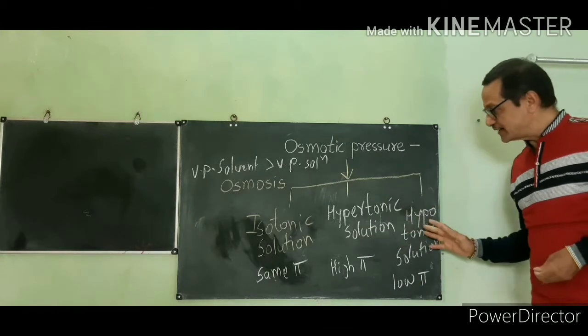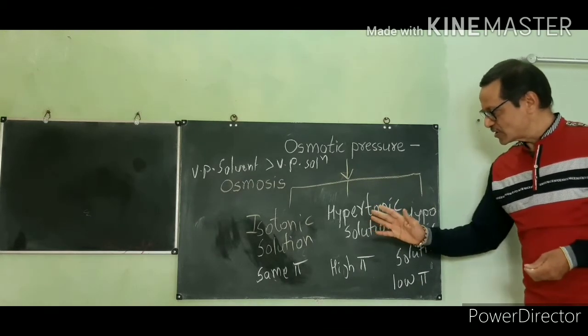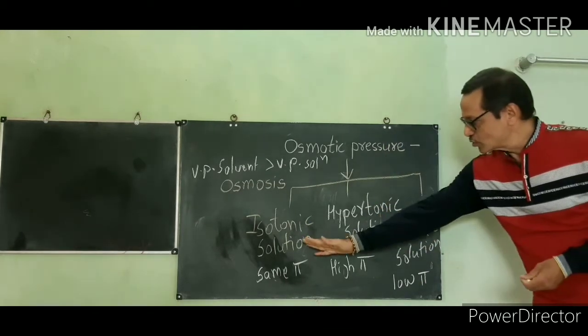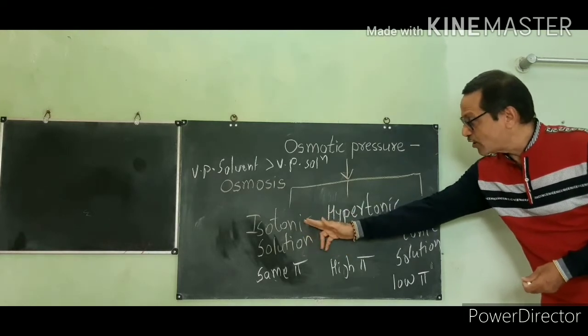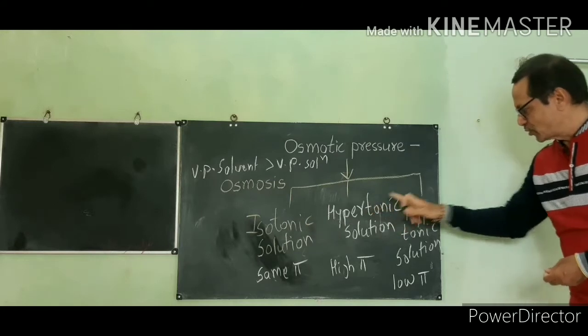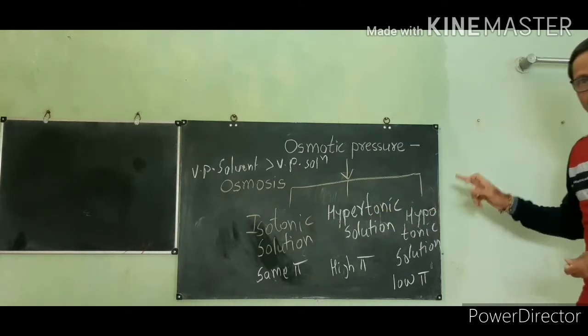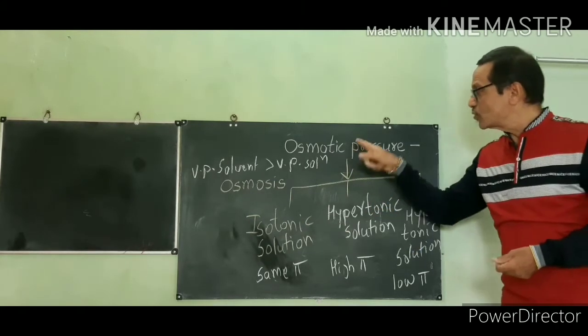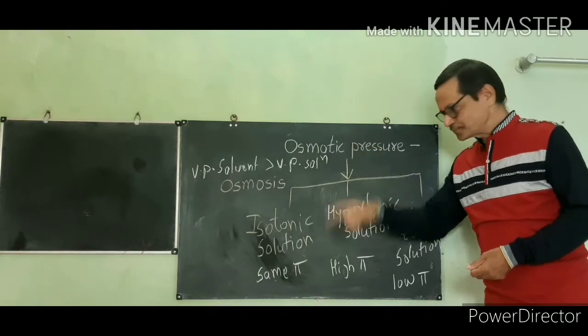So these are the three types of solutions according to osmotic pressure: isotonic, hypertonic and hypotonic.